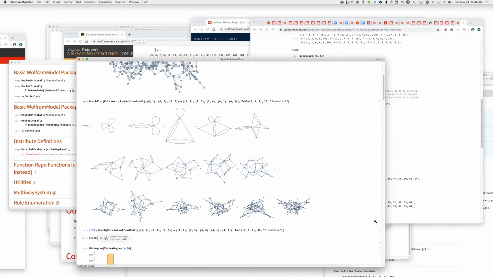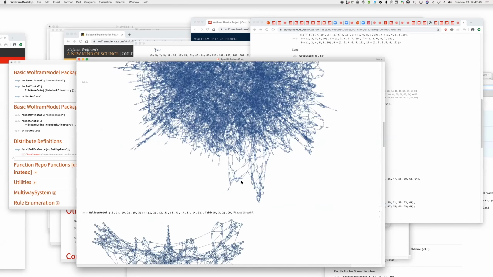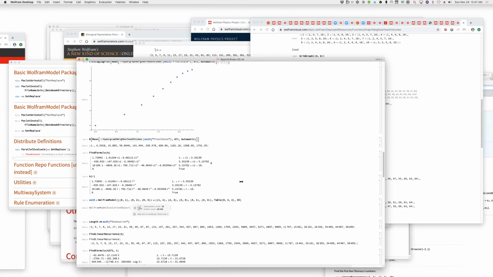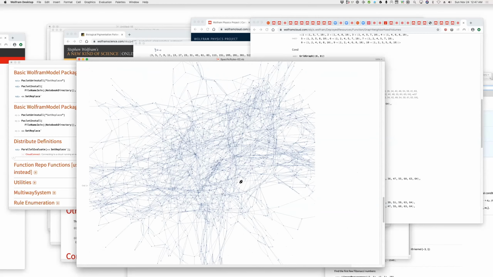What is its maximum vertex degree? 76. That was compared to 48, what we had before, right? How much memory is it taking? Less, about half a gigabyte.